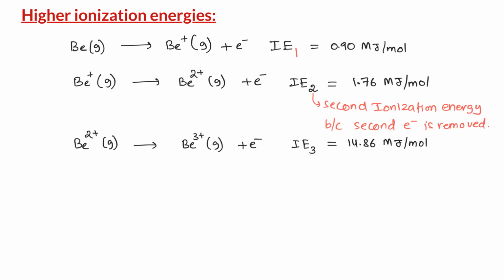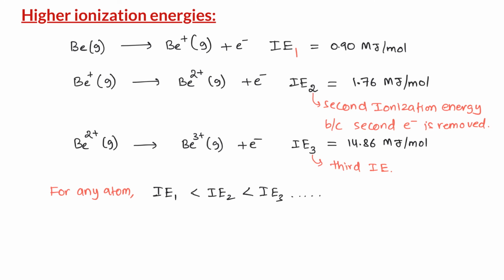The energy required is called as third ionization energy, and so on. The general trend for any atom is that the ionization energy 1 is smaller than ionization energy 2 is smaller than IE3, and so on.